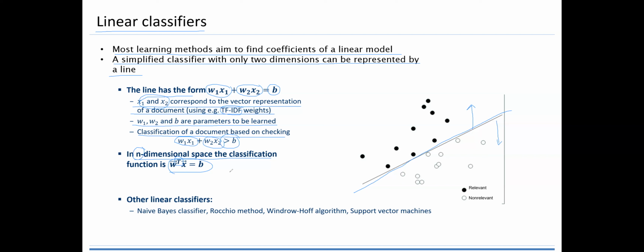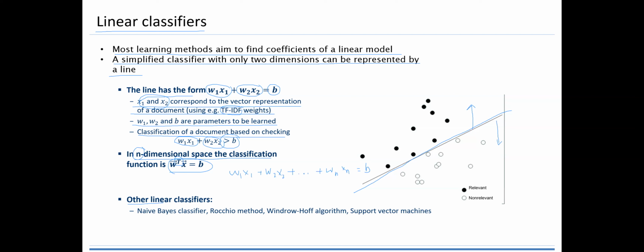We can have W1 multiplied by X1 plus W2 multiplied by X2 plus dot dot dot Wn multiplied by Xn. And then we will have the equation equals B.